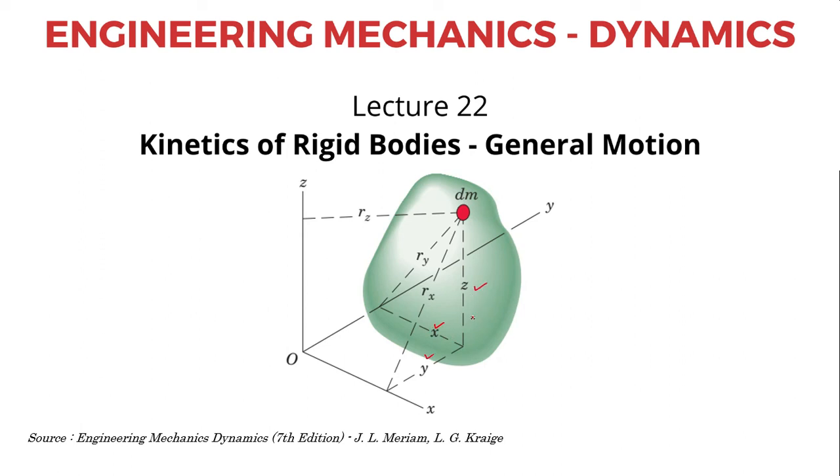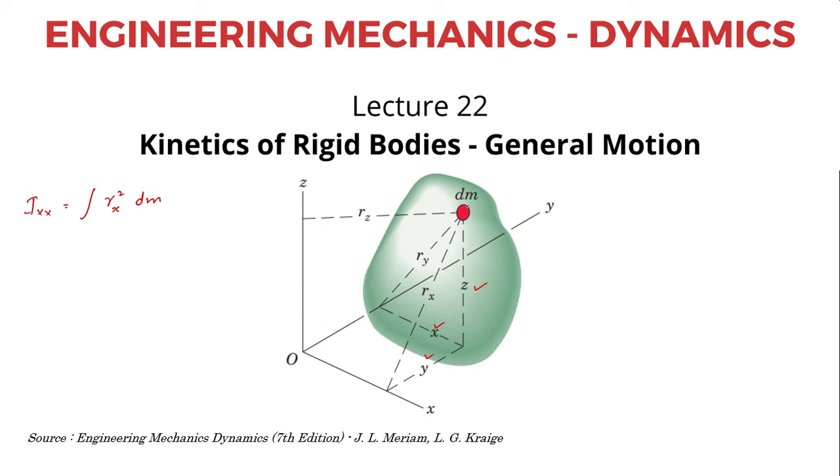If we have a small differential mass dm here, the corresponding mass moment of inertia with respect to the x axis, I_xx, is equal to integral r_x square into dm, meaning the distance from the x-axis.